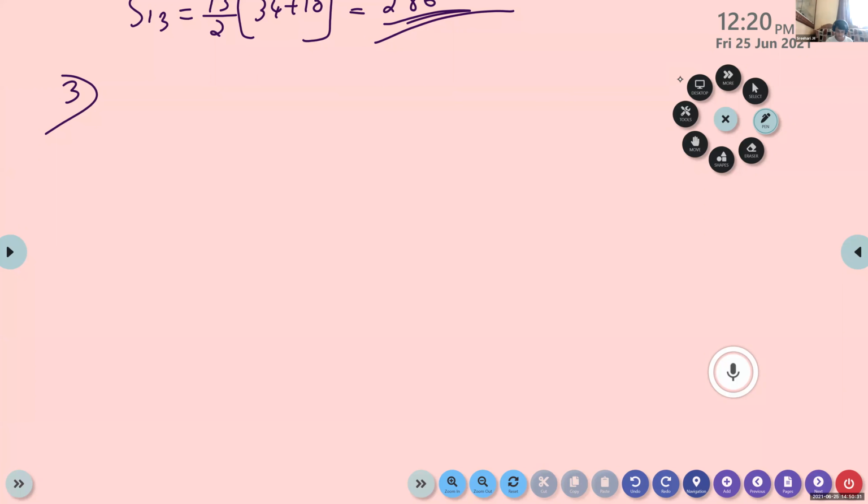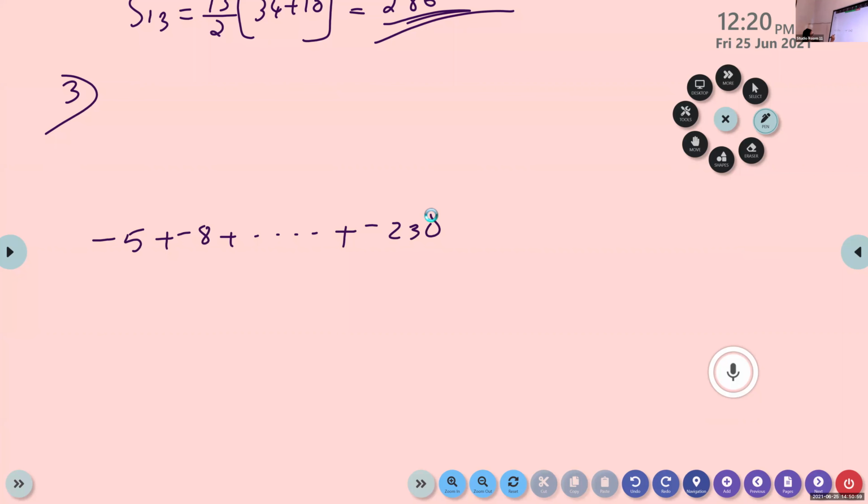Negative 8,930. Okay. So first step: negative 5 plus negative 8 plus etc. plus negative 230. Here also an is given.